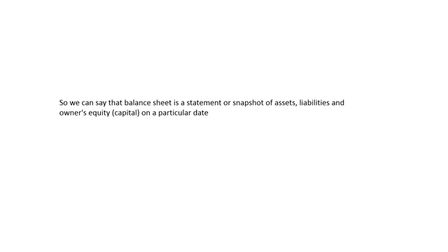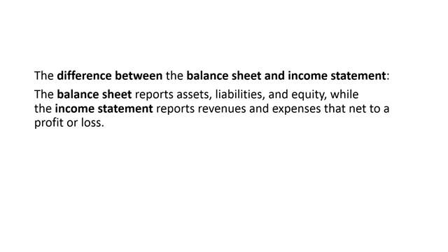And now we'll understand the difference between what a balance sheet is and what an income statement is, because a lot of my students struggle with that as well. So the difference between the balance sheet and income statement is that the balance sheet reports assets, liabilities, and equity, while the income statement reports revenue and expenses that net to a profit or loss.